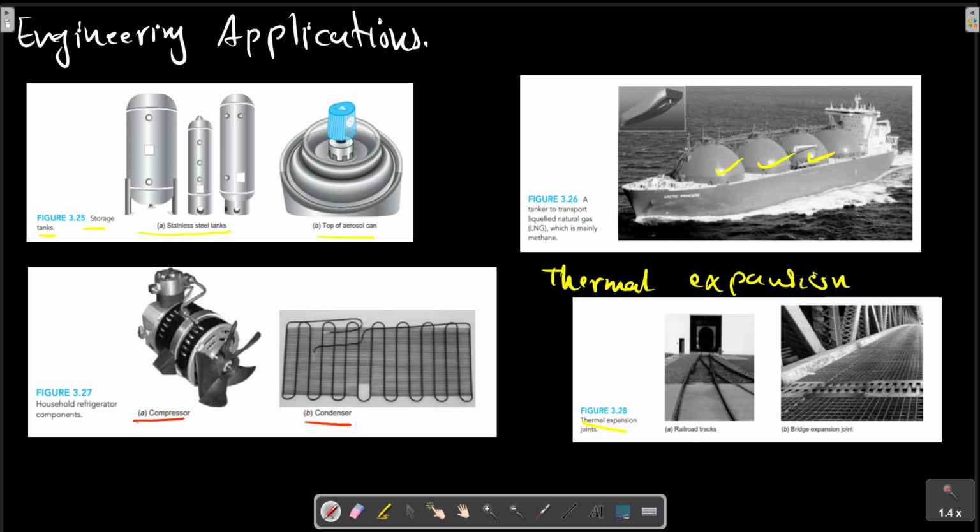The railroad tracks have a small gap to allow for expansion. It leads to the familiar clanking sound of the train wheels when they roll over the gap. A bridge may have a finger joint that provides a continuous support surface for the automobile's tires so that they do not bump as the train does.